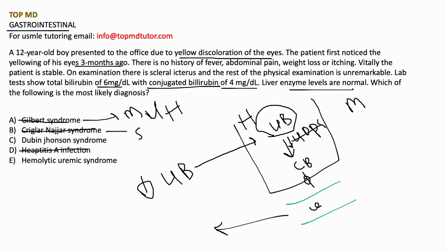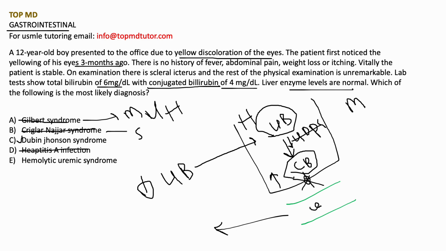But if this transporter is defective, conjugated bilirubin cannot escape into the bile. So what happens? Their levels start to build up. You get conjugated hyperbilirubinemia. Dubin-Johnson, right answer, because this patient has conjugated. This makes sense.